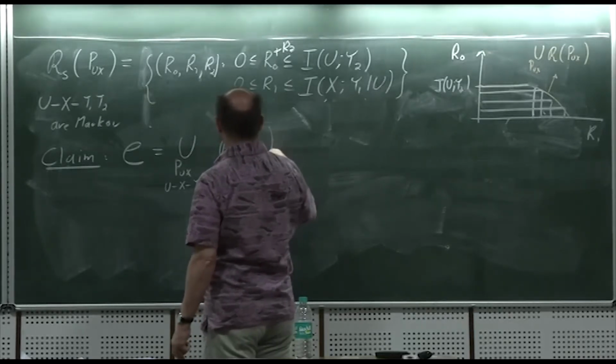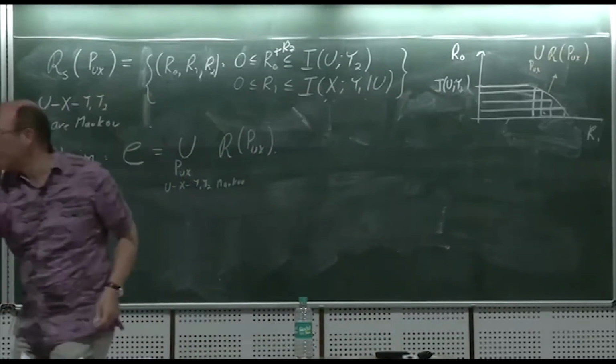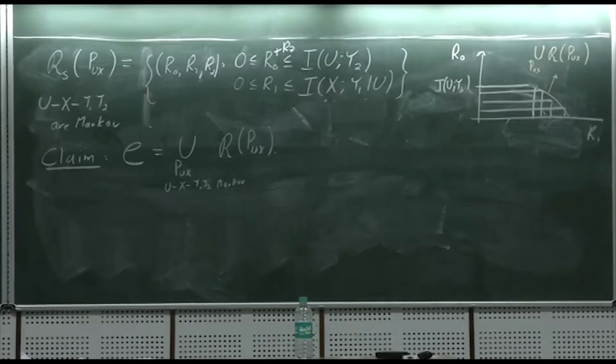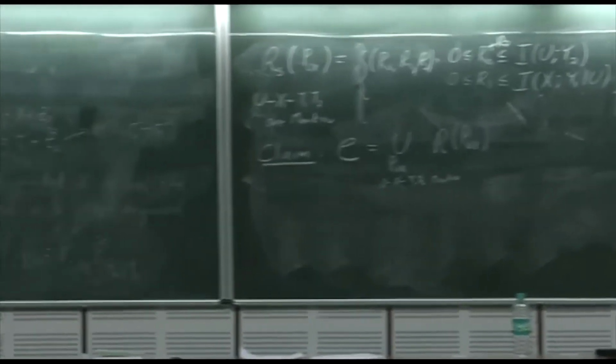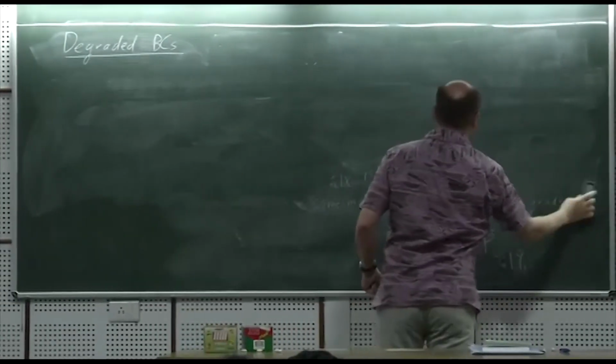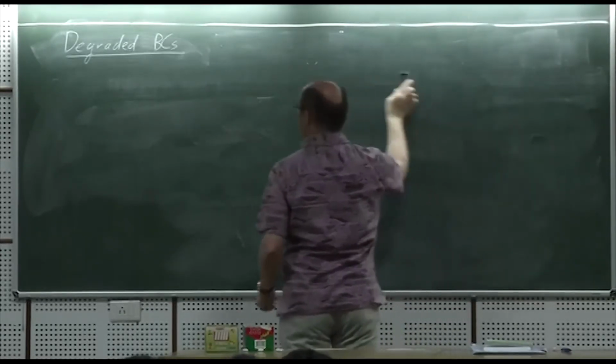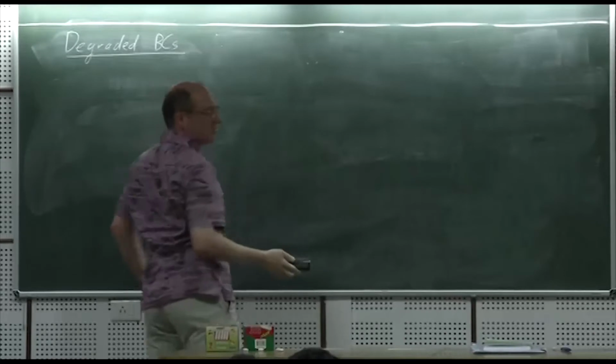That's the claim. So now we have to prove an outer bound that matches that, and that's not too hard to do for this channel. We want to do it for the stochastically degraded case, but we know we can do it for the physically degraded case, so that's going to help our converse too. So let's do it for the physically degraded case, since we know the capacity regions are the same anyway.